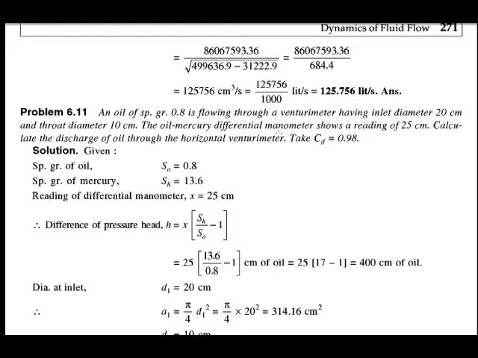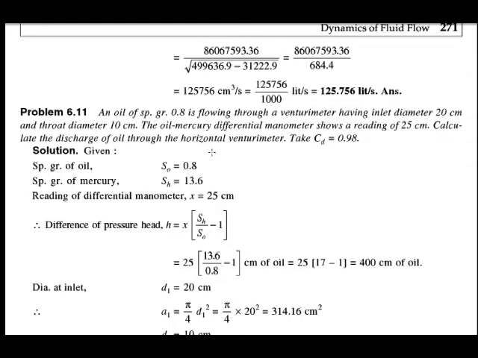Calculate the discharge of oil through the horizontal venturimeter. Take CD as 0.98. So here we have to calculate the discharge.